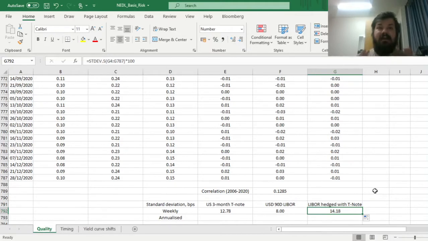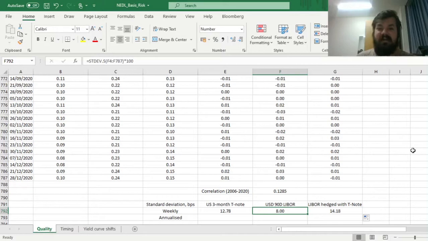It means that if you hedge it using such an imperfect hedge, your weekly volatility would actually increase quite counterintuitively. And compared to the initial volatility that you would have if you just stayed as you are and had not hedged your position with an imperfect hedge, actually your volatility, your risk, would be almost twice lower.